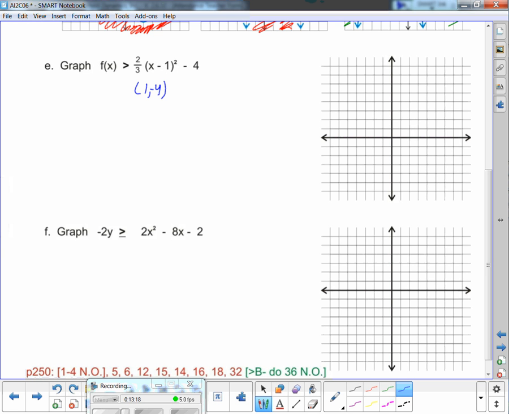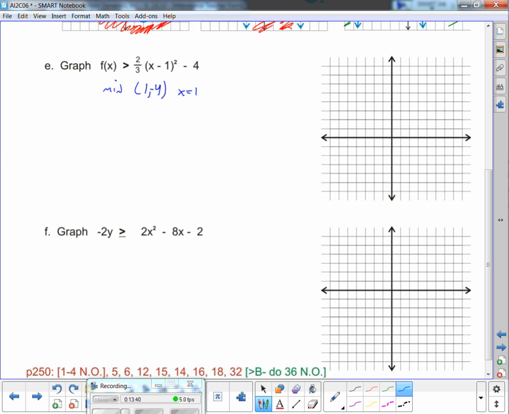Not -1, -4. 1, -4. Remember, read the H value after the negative sign. Is this a max or a min? Say min. And our line of symmetry, therefore, is x equals 1, right? X equals the x coordinate.